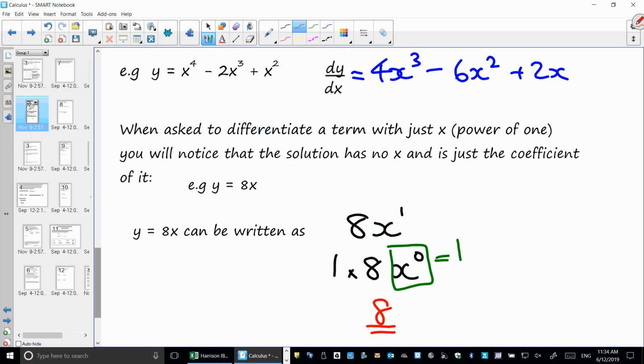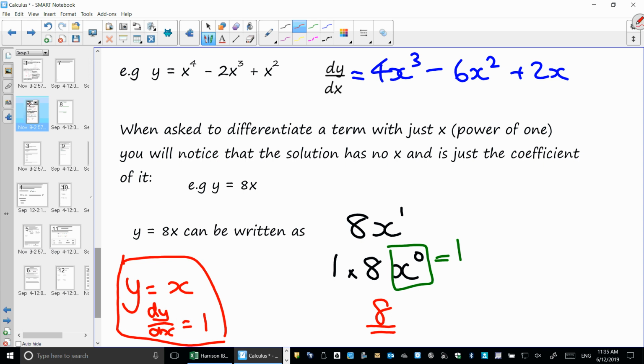If it's just an x, it's going to end up just being the coefficient of it, whether that's a half, 72, or negative 16, whatever it is. As a side note, if you just had y equals x, don't forget the coefficient of that is 1. So dy dx would be 1, because some people forget.